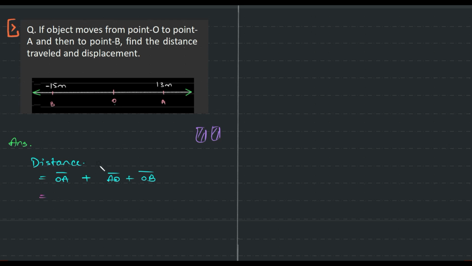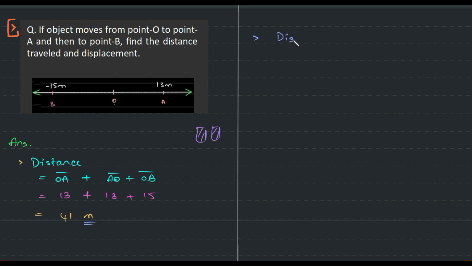So in this case, it would be 13 plus 13 again, and then plus 15. That is 41, and the unit is meters. You guys are big enough, you are grown up, and you should not be missing units.